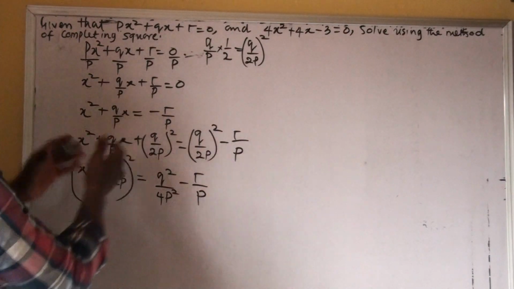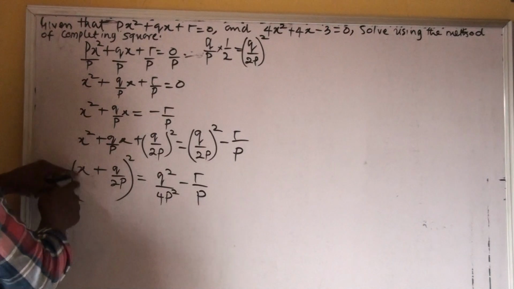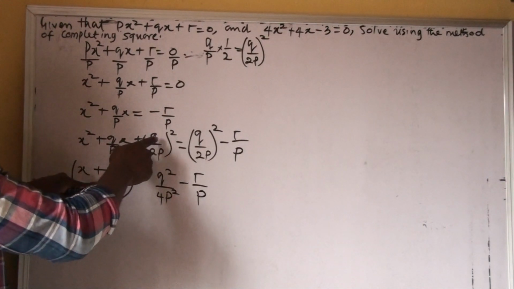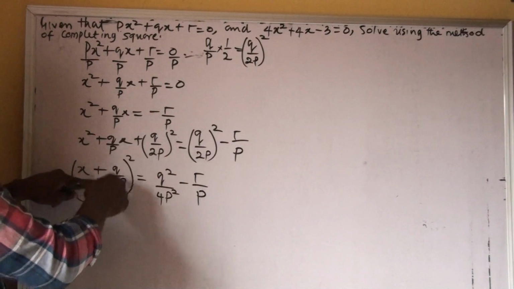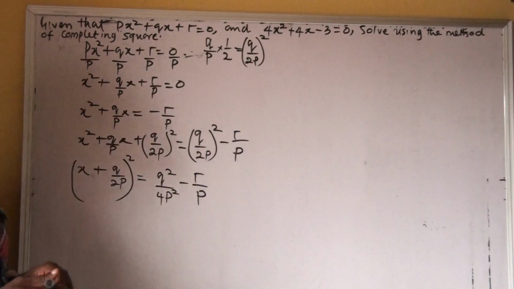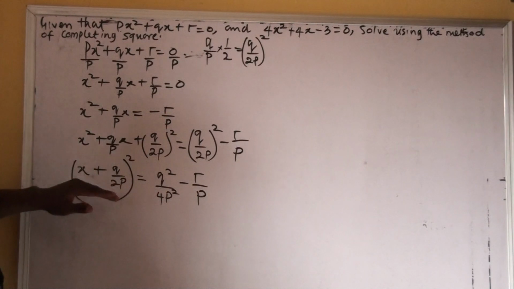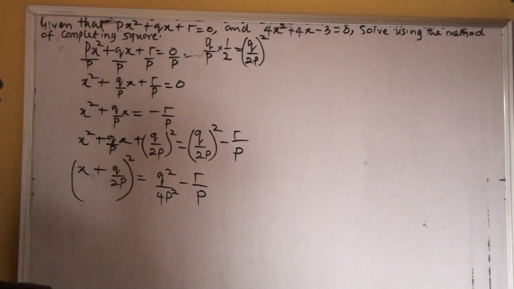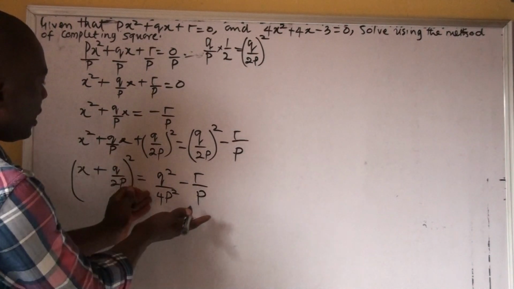So once you get to this place, all you need to do is pick x plus the half coefficient of x, put it here, close the bracket and put a square there. So this term here is the same as the term above.